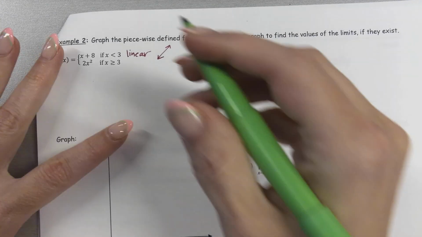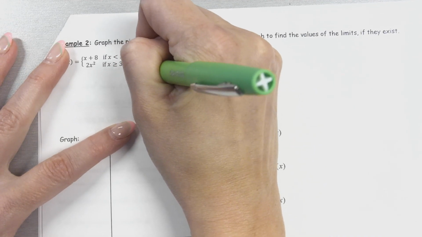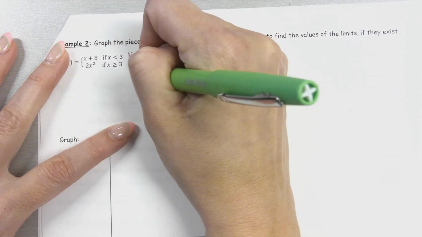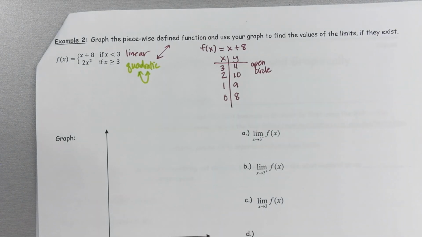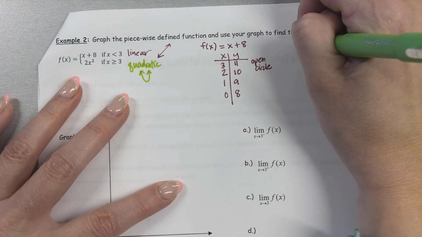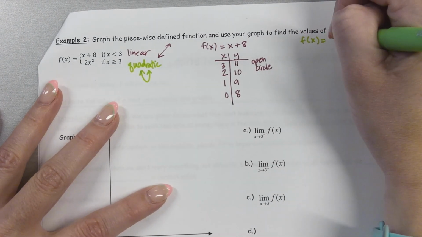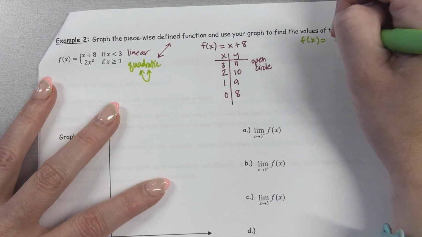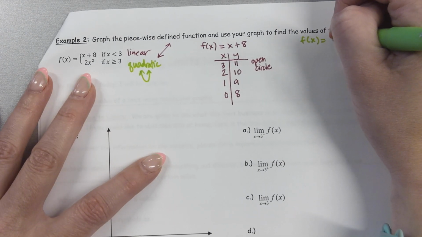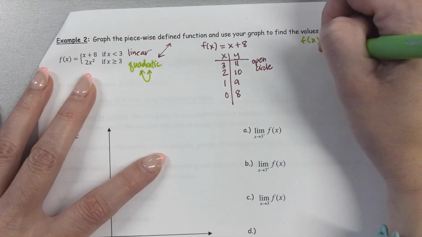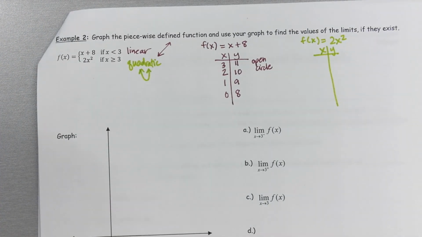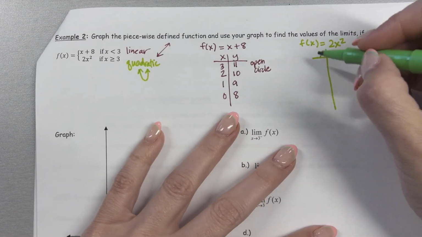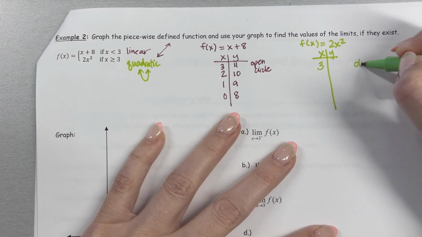And then for 2x squared, I know that that's quadratic. So if it's quadratic, it's going to be a parabola. It's positive a, so it's going to open upward. Again, I'm going to use a table to help me with some of these points. So f of x equals 2x squared. This is greater than or equal to 3, so I do need a closed circle at 3.